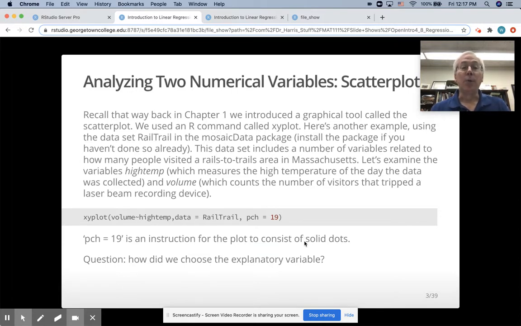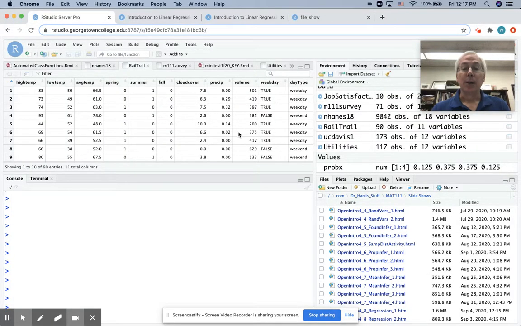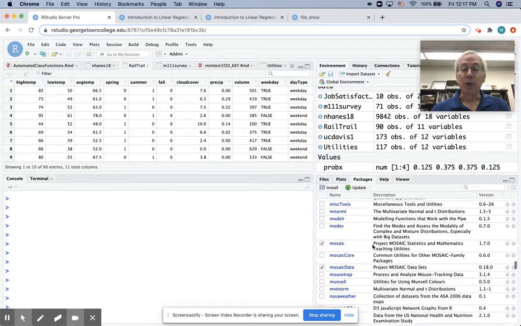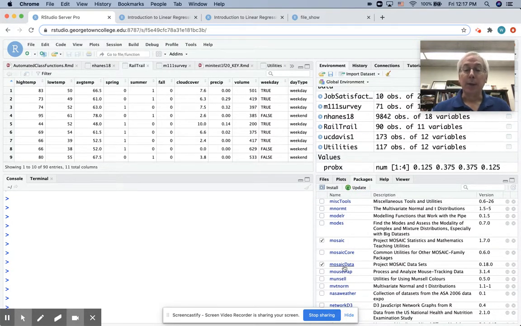And so we're going to be looking at the data set Rail Trail, and it's in a package which you may not have loaded yet. And so what I'd like you to do, if you're following along with this, is go to your Packages tab and make sure that the package Mosaic Data has the check mark there, because our data set is going to live inside that one.